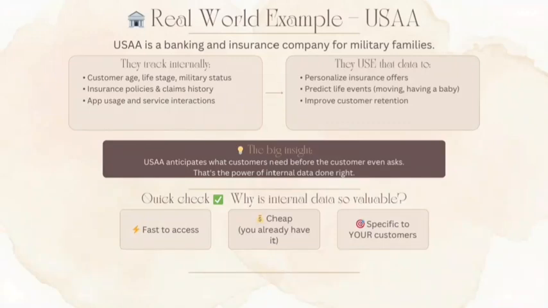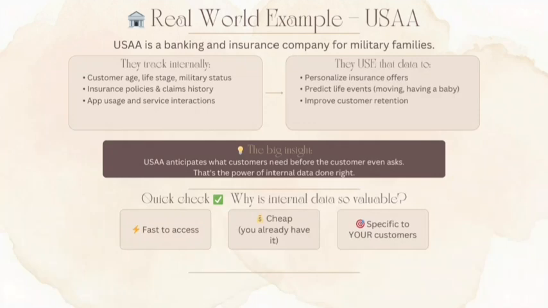Real world example: USAA. USAA is a banking and insurance company for military families. They track internally customer age, life stage, military status, insurance policies and claims history, app usage and service interactions.